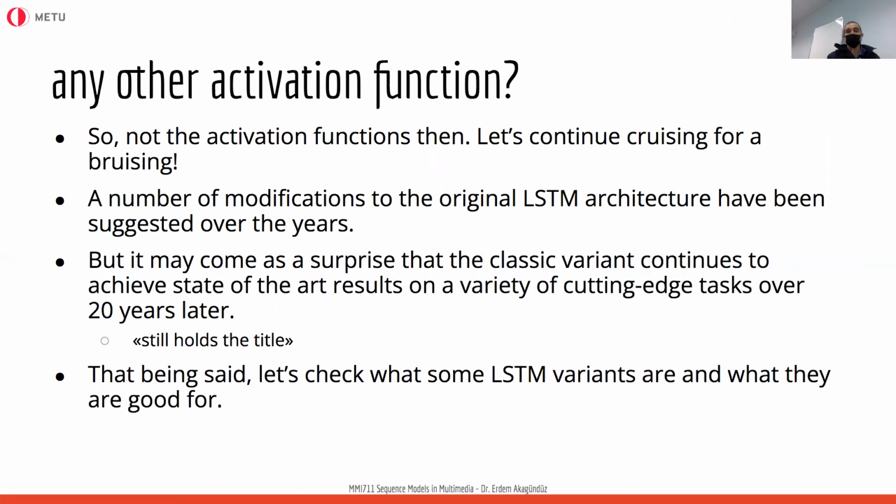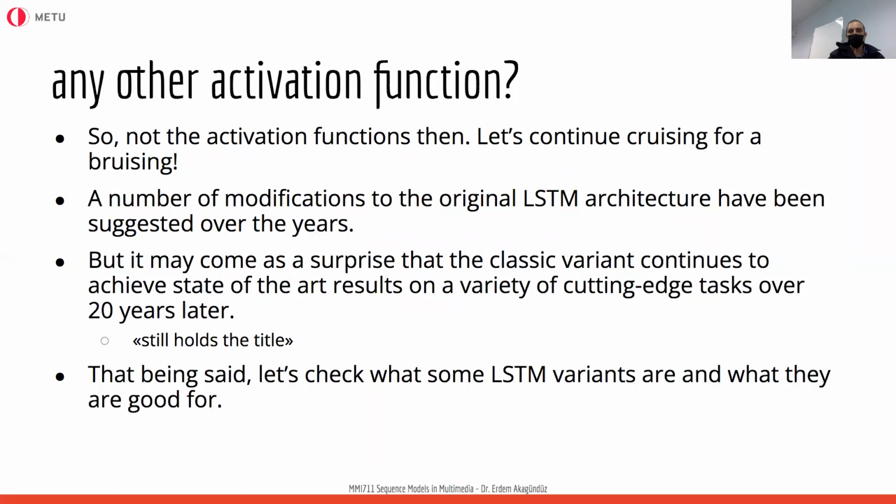If it's not the activation function, the next thing that comes to my mind is the architecture. Maybe we could make some other connections, because the handcrafted design in the LSTM was mostly the architecture. Of course, there's the gating structure, using sigmoid and so on. But what kind of architectures do we have?